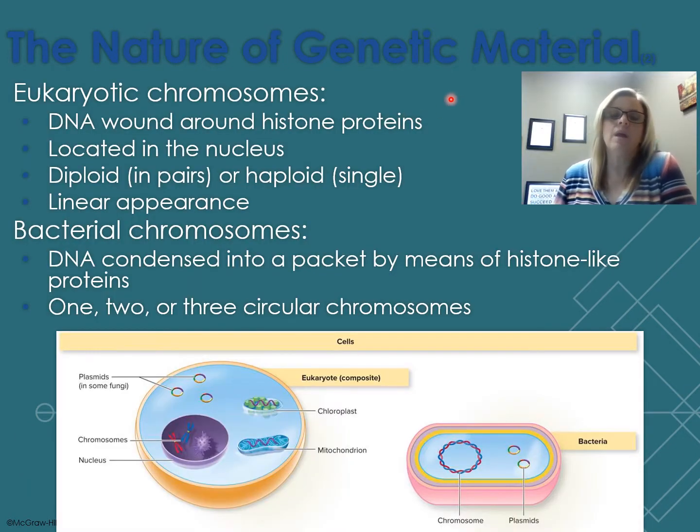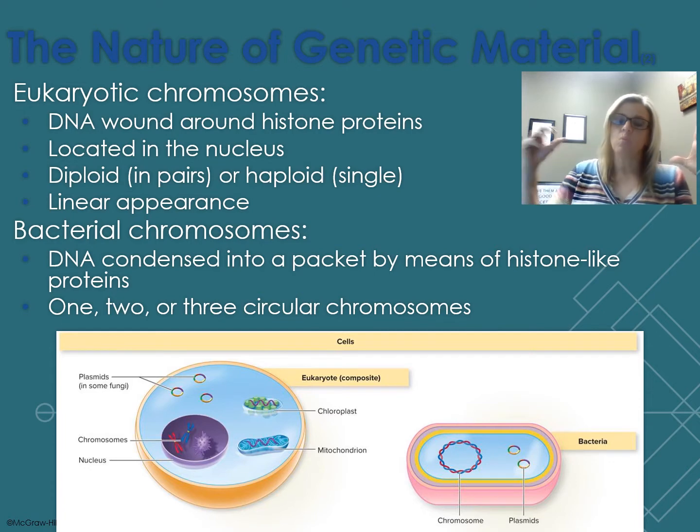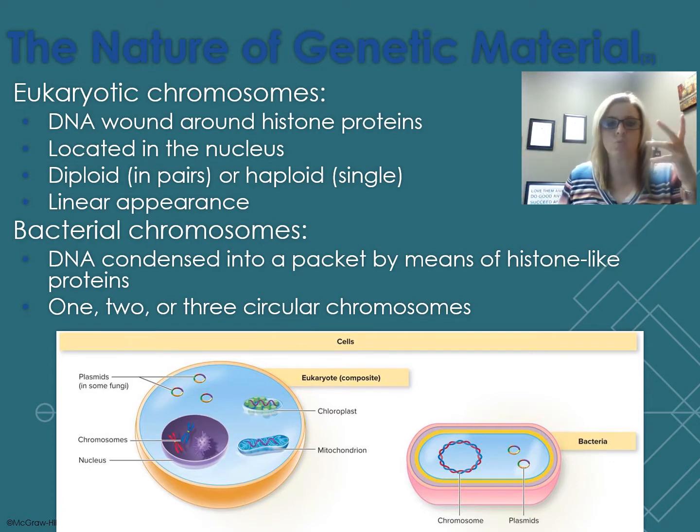We want to look at some of the similarities and differences between eukaryotic chromosomes, which is what we have, and bacterial chromosomes, because they aren't exactly the same. In eukaryotic chromosomes, you're going to have DNA wound around histone proteins. This is kind of like when you have Christmas lights and you want to wind them up, and you have that little plastic tray that you wind them around. It gives you some structure to wind around.